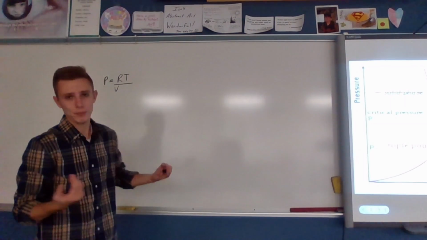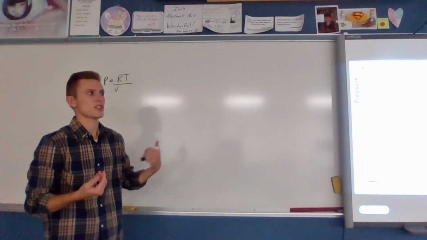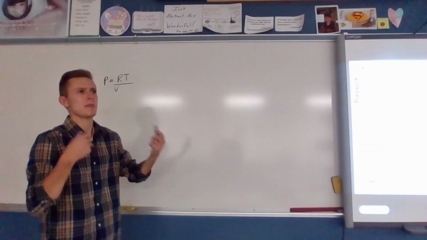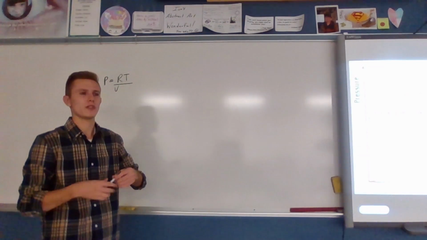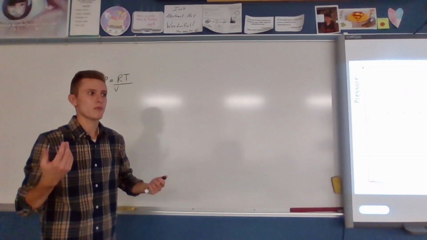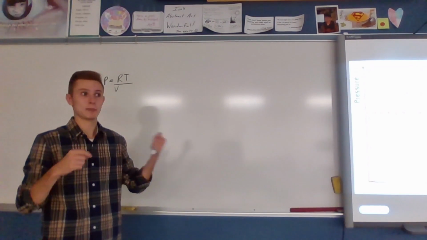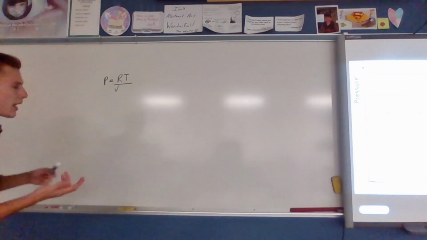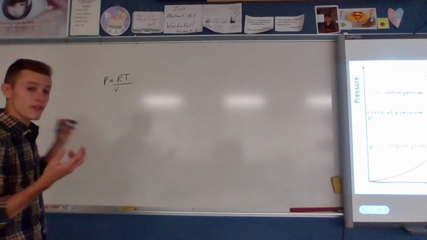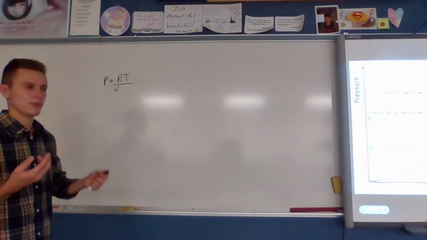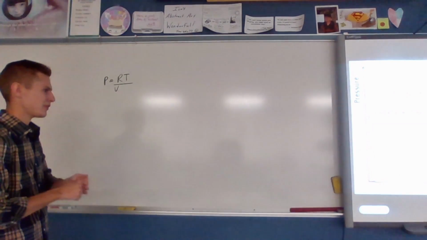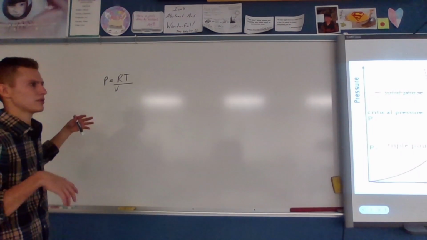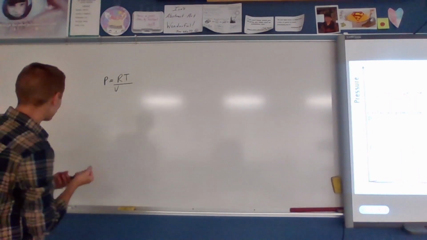Inside that container we have a certain volume, and inside there are tiny gas particles. There's no water inside, there are gas particles, and they have a volume. Depending on the size of the atom, that can vary, from sizes like argon to sizes of hydrogen, which is very small.